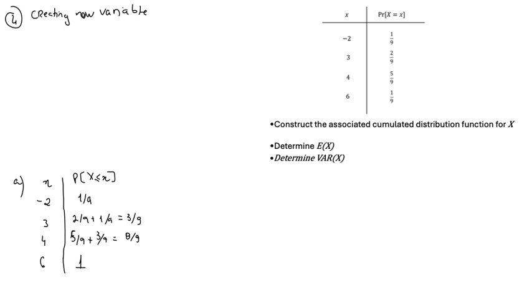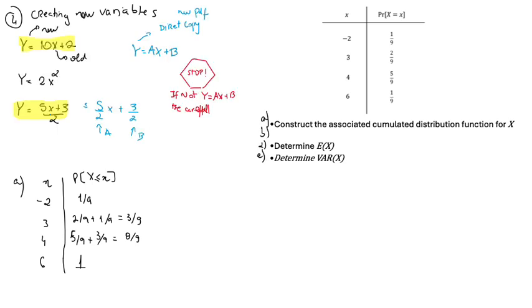Okay? So creating new variables means that you have an original random variable, let's say x, and you can create a new variable by using some kind of formula. 10x plus 2.